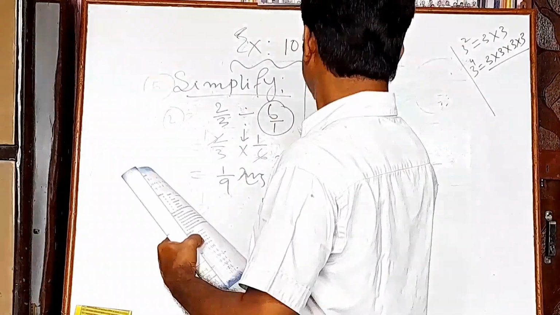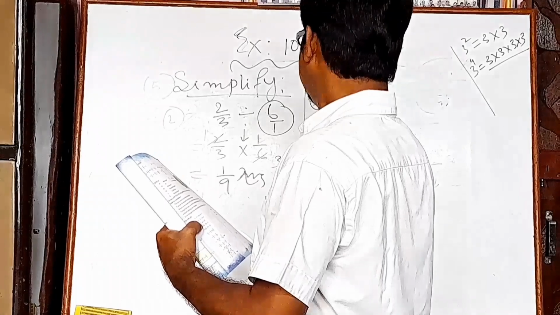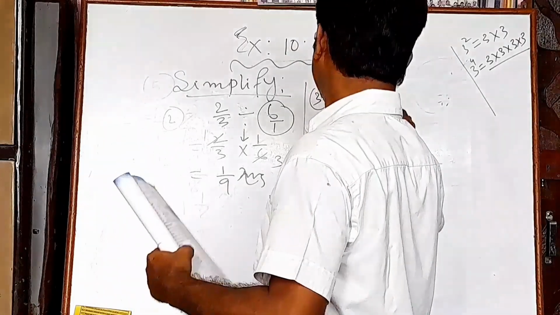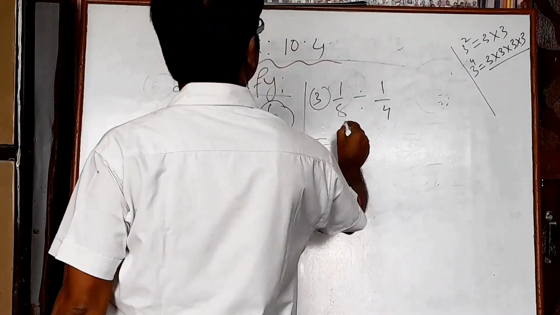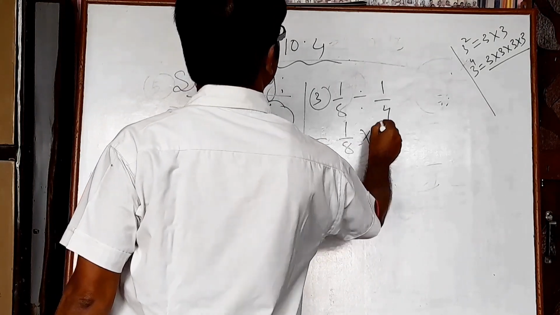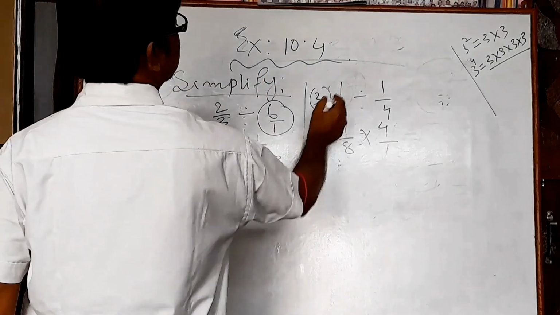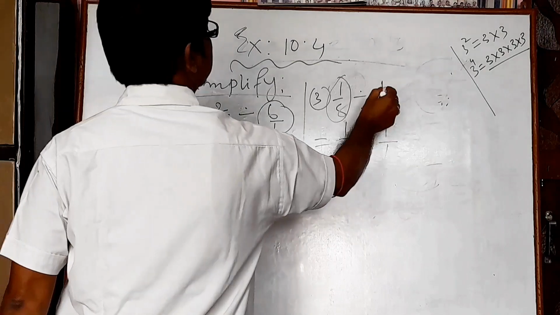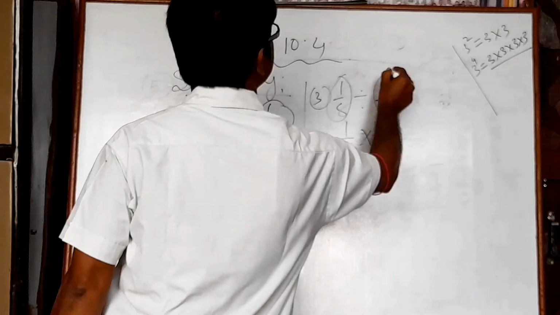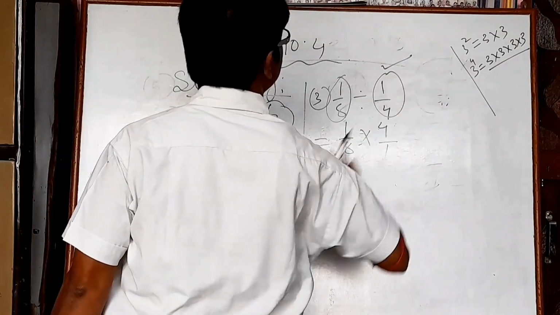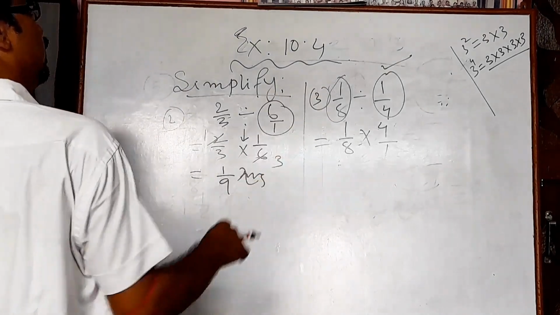Question number 3: 1/8 divided by 1/4. What will be the answer? 1/8 into 4/1. Remember that this side's fraction will not be changed. The fraction to the right side will be inverted, that is, its reciprocal will be taken.